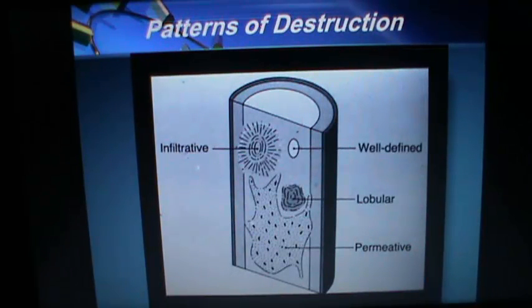The pattern of destruction will give us the outline. If the pattern of destruction is aggressive, the outline will be lobulated, infiltrating, permeating, and this indicates malignancy. If the pattern of destruction is less aggressive, it will give a chance to have a well-defined margin, and this will be benign form.